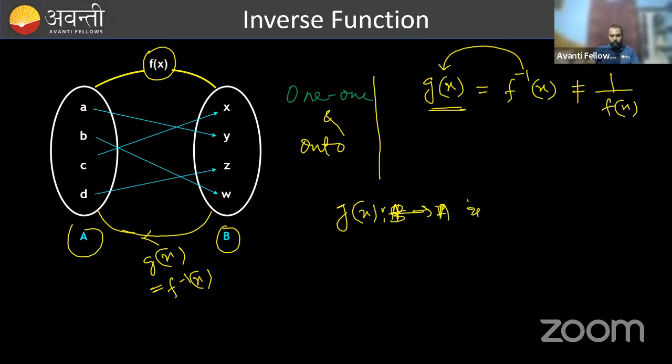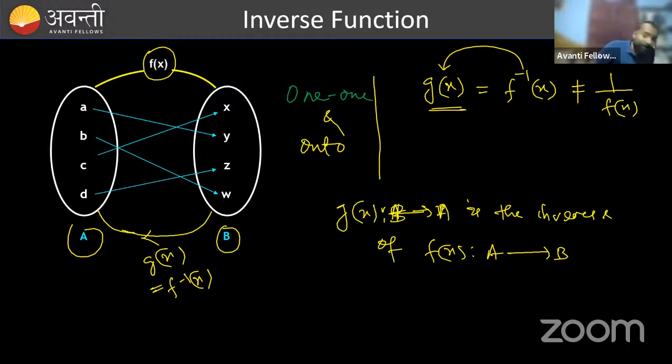is the inverse of f of x, which is mapping from A to B. So this is the definition actually. If f of x is mapping from A to B, and g of x is a function which is mapping from B to A, it will be called the inverse of f of x.